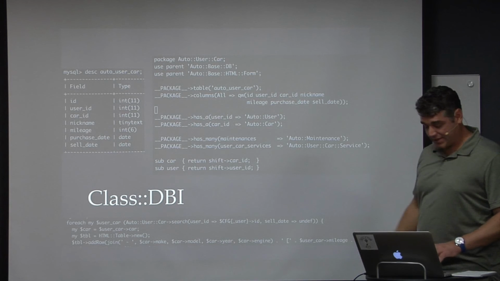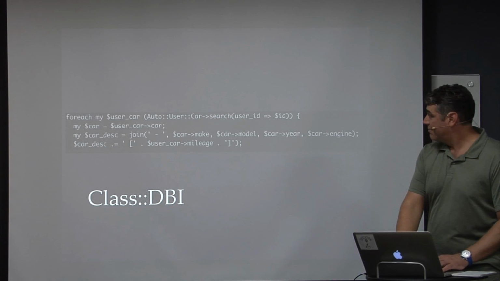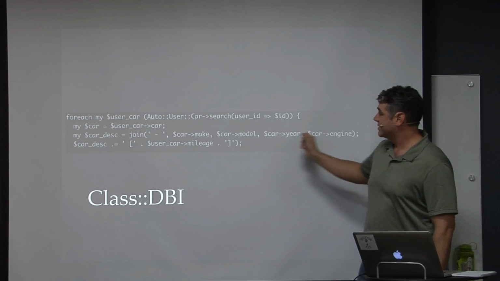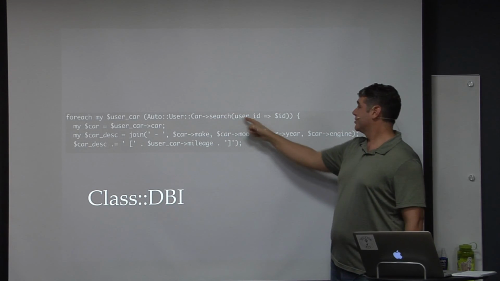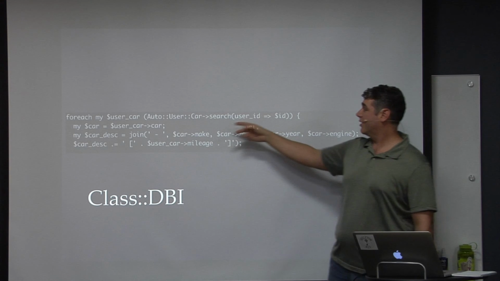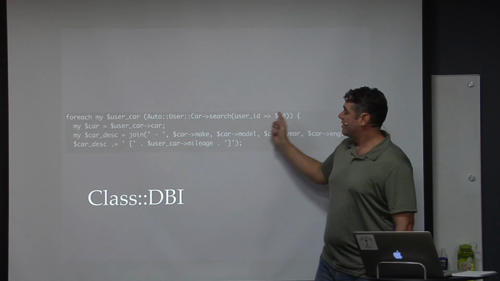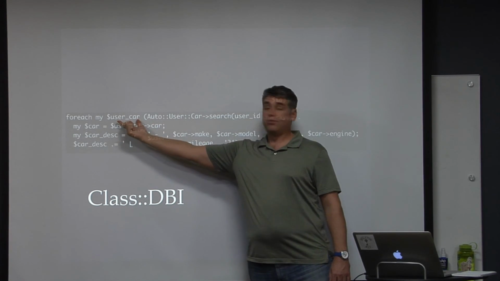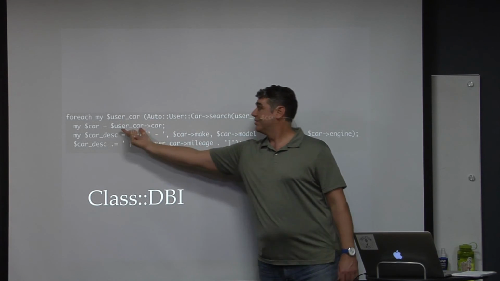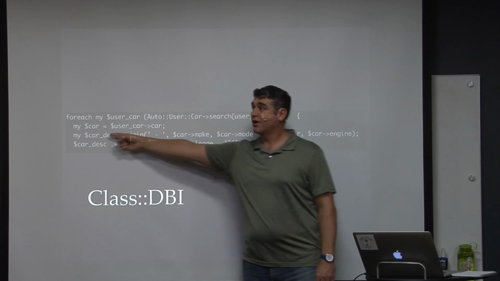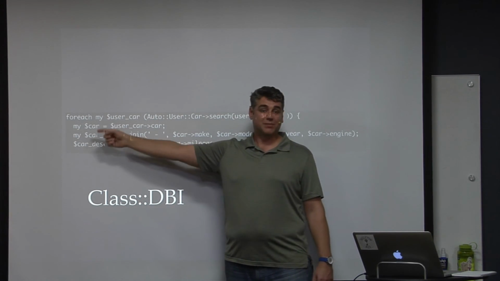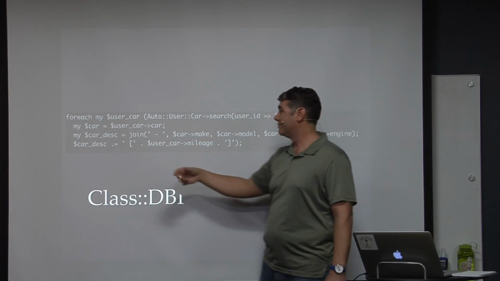So, oh, I did leave that down there. But basically it allows me to write something like this. From my auto user car, search on it for this user ID, all the cars that belong to this user. And then give me one of the instances of user car, and from the user car, give me the car. So it gives me the actual car. This is the car DTO, which is basically pointing to my auto car data entry.